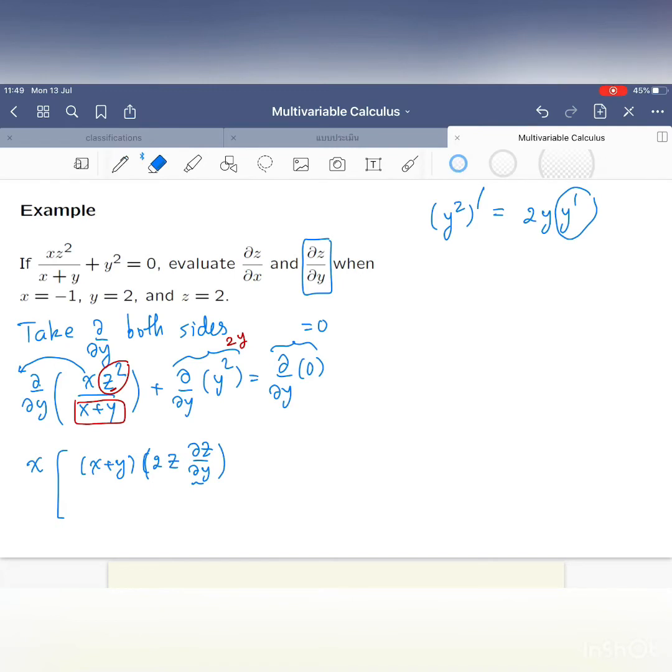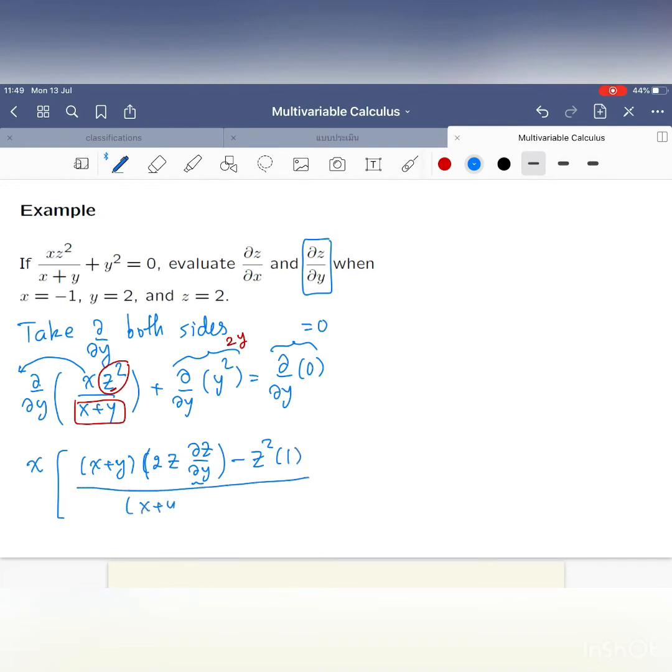Are we good? Then minus, this is the bottom times the derivative of the top, minus the top times the derivative of the bottom with respect to y, over your bottom squared. And don't forget this term, the 2y equals 0.